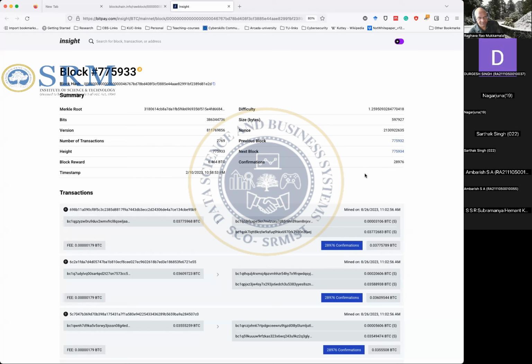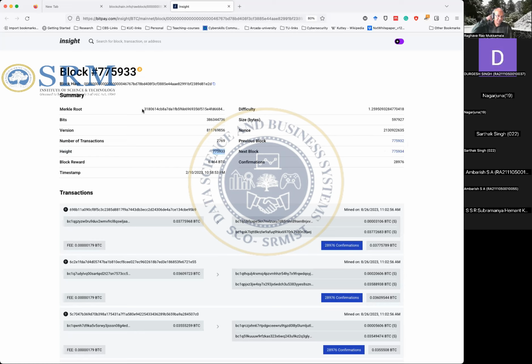And then you can show it in a manner like this, right? So this is the hash value of the block, and this is the height of the block. The serial number of the block is 775933. So you can see that height is 775933, and the next block is 775934, and the previous block is 775932, right?